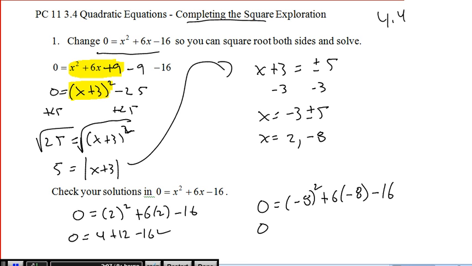Oops, missed my squared. That guy's also true. Okay, so notice we're going to do completing the square from lesson 4.4. That gets us to here, and from there we just do what we did yesterday, because it looks like one of yesterday's questions.